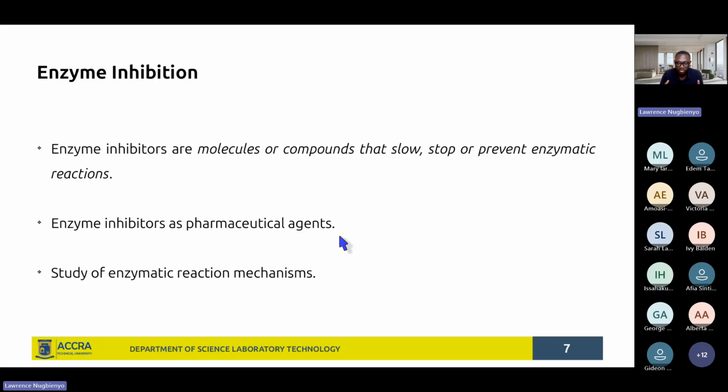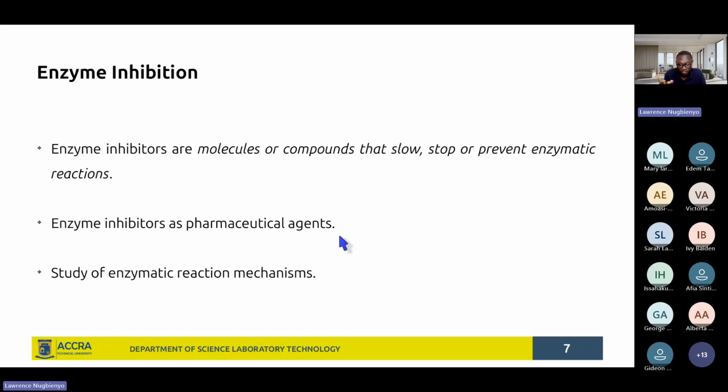Of course, enzymatic reactions can be fast. If you are able to slow down the reaction, then of course you'll be able to study it much more, looking at maybe intermediates that are formed and all of that. Or just because you are studying a particular reaction system that you want to control.